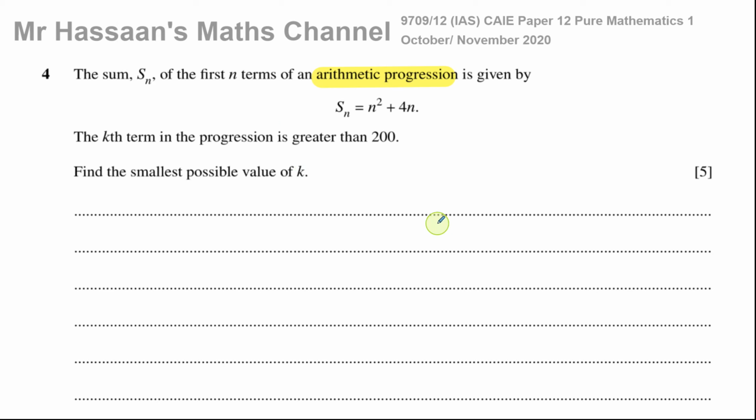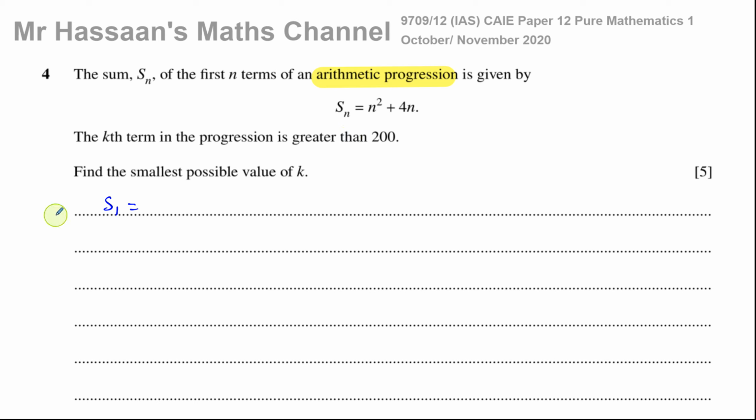I think the simplest way to deal with this question is to generate some of the first terms of the series. This formula tells you the sum of any particular number of terms of the series that you want.